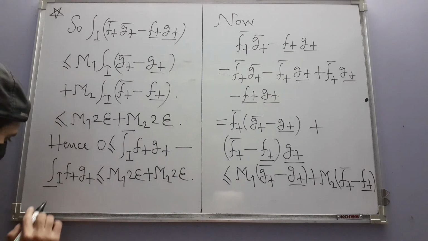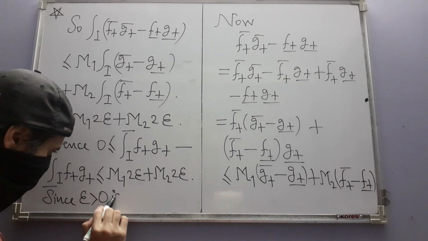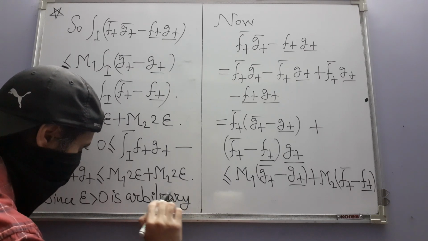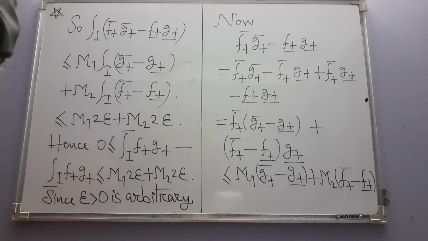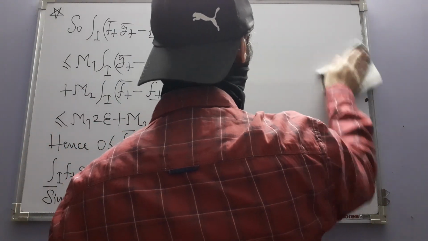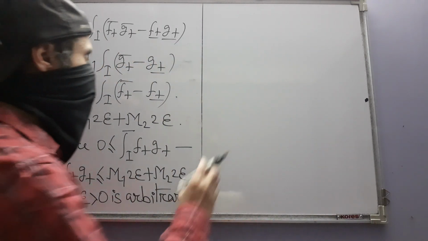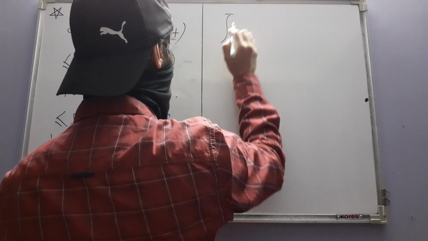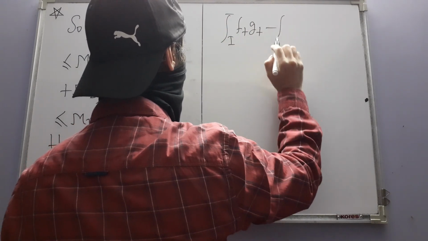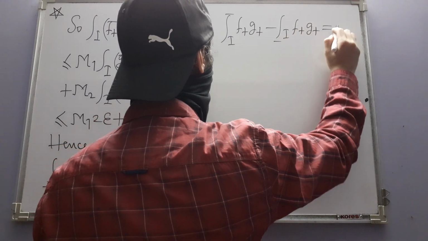In words, we simply write, since epsilon greater than 0 is arbitrary, this must be equal to 0.